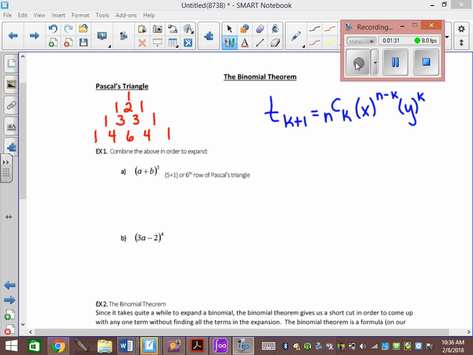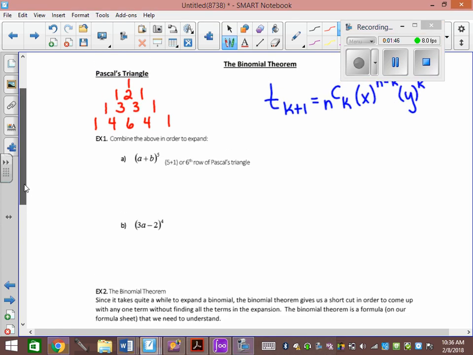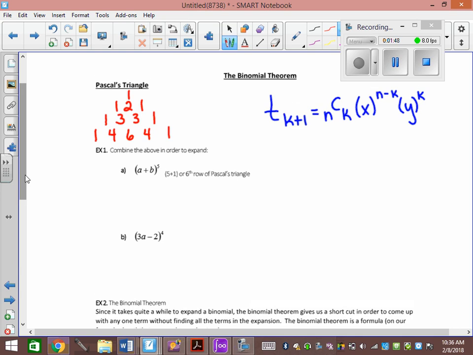You'll be okay. So a plus b to the 5 would actually be a plus b times a plus b times a plus b times a plus b times a plus b, right? Or we can expand it using that formula, okay? The key thing is that k is always 1 less than the term you're finding. Just keep that in mind.